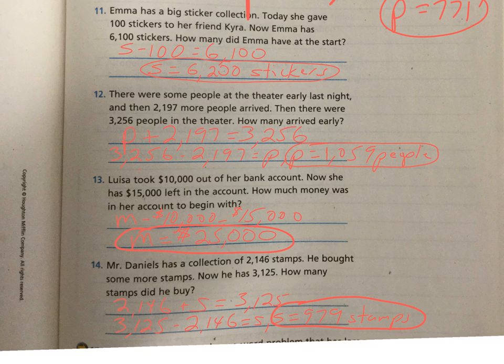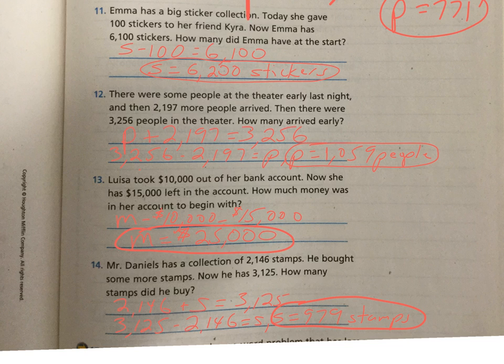All right. Now, if you look and notice, number 11, you can do that with mental math. Adding 100 is easy. So, answer is 6,200 stickers. Number 12, we have the solution equation, 3,256 minus 2,197. You can write that up and down or side to side. Answer is 1,059 people.